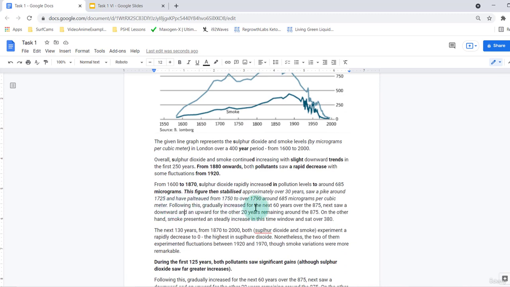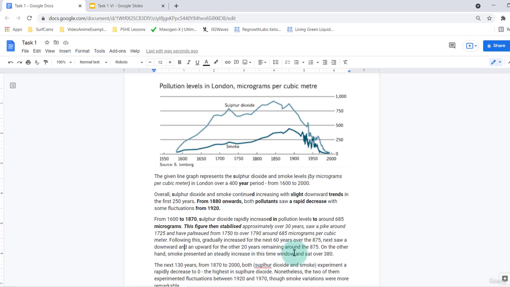Following this gradual increase for the next 60 years over the 865, saw a downward trend. So again, there's some big grammar mistakes in here. So I'm not going to go through again and edit this, but I wonder if I can make some quick edits. Following this gradual increase for the next 60 years. So we could probably just get rid of this.